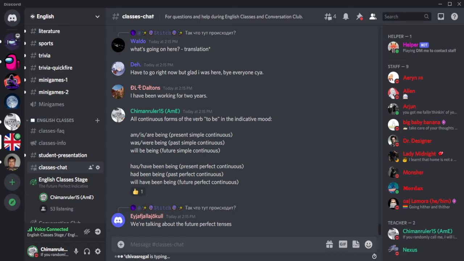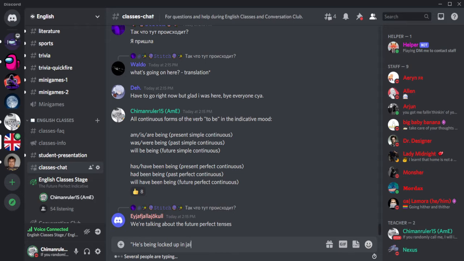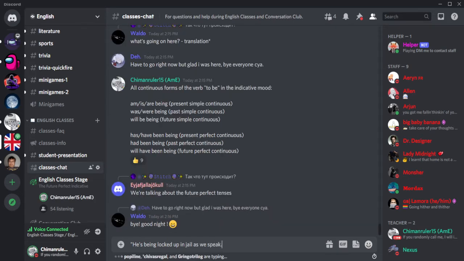And since this is the verb to be, this would be the passive form. So, for example, he's being locked up in jail as we speak. So that would be present simple continuous. Let me provide examples of all of these, really. He's being locked up in jail as we speak.